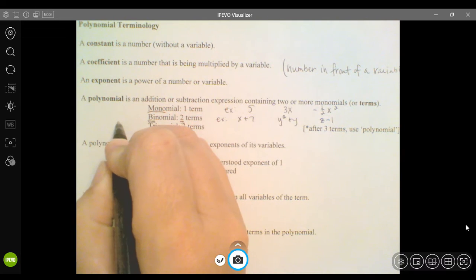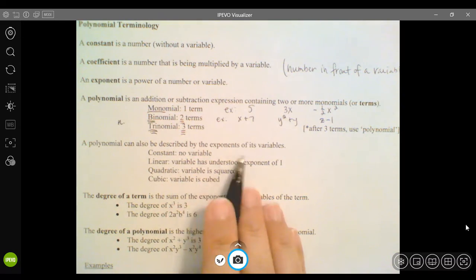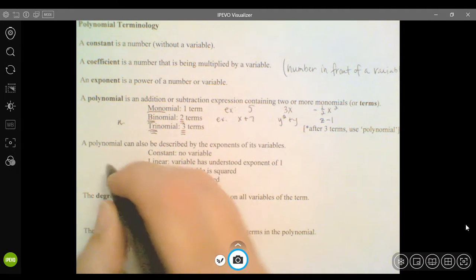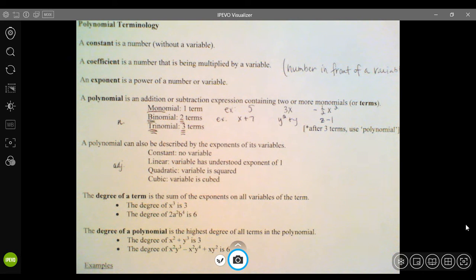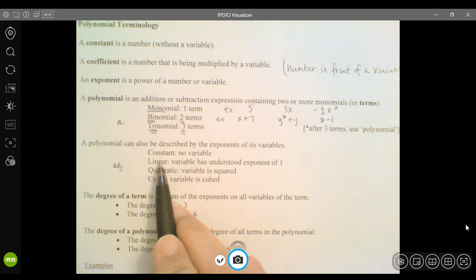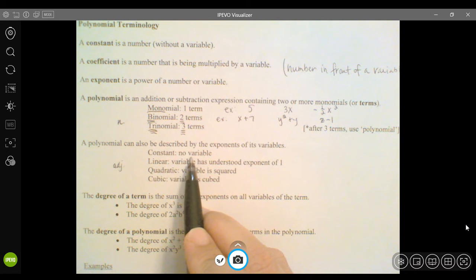So this in English is your noun. But you can also describe a polynomial by the exponent of its variables. In English, this would be the adjective. We say that a polynomial is constant if there is no variable.